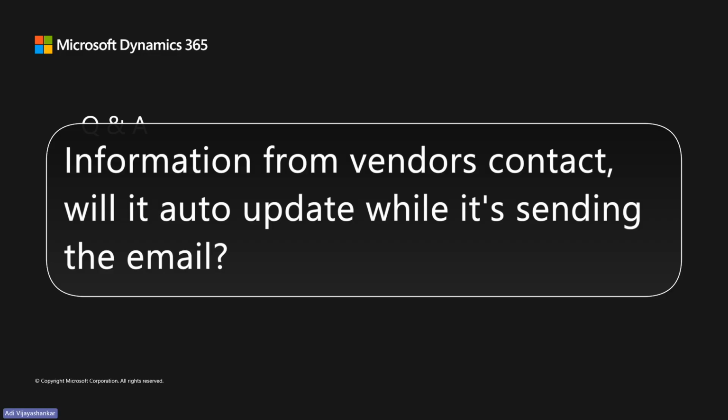In both those cases, yes, we were talking about how we can automatically configure to send that email, or you can set it up so that you're reviewing and then sending the email. So it does look at the details on the vendor to then identify which email ID it has to send to.